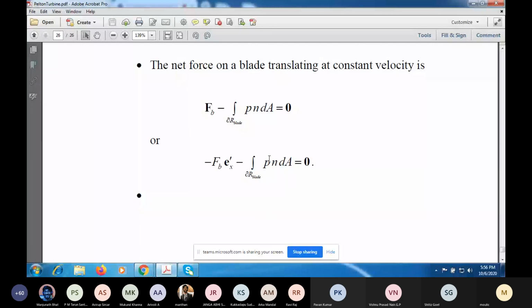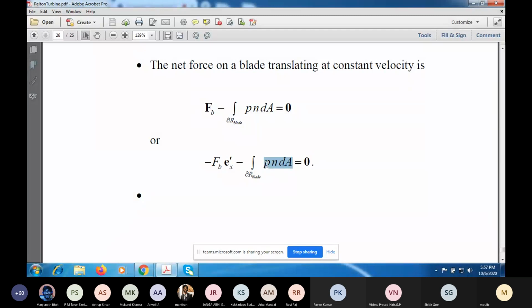Now, you can integrate the pressure distribution and find out the force acting on the blade, and having found the force acting on the blade, you can find the power by multiplying it by U.